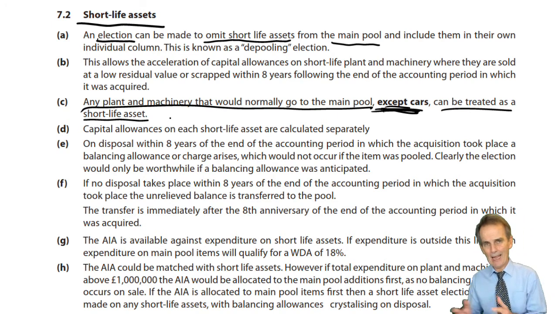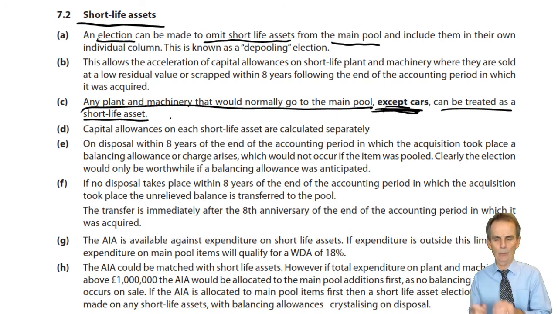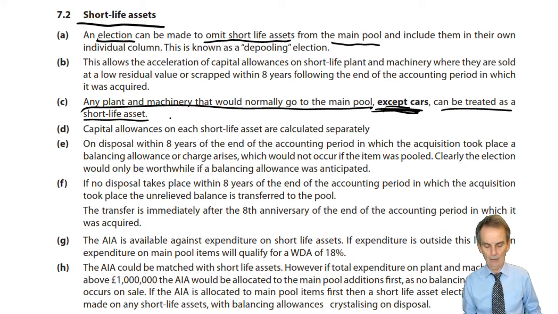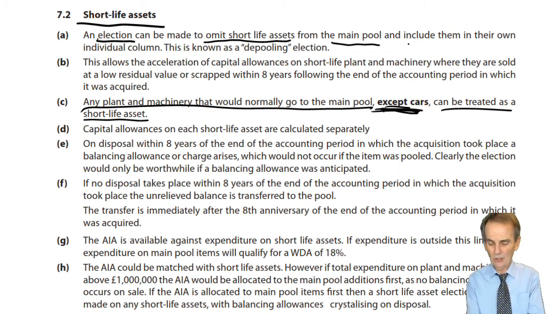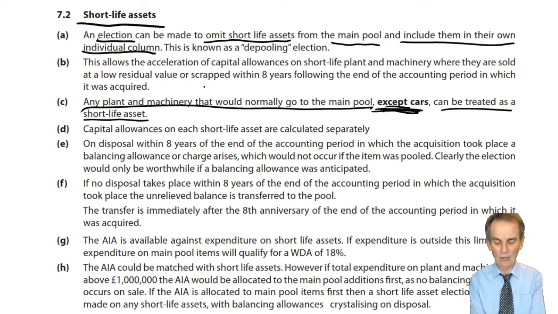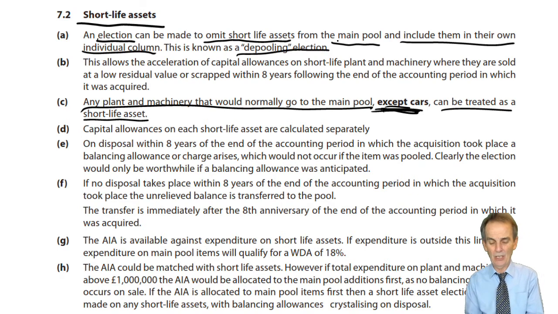So you're leaving them out of the pool. You're choosing to separate it out. You're making more work for yourself here in relation to the capital allowances computation. There must be a reason, therefore, to include any such asset in its own individual column and make this de-pooling election.